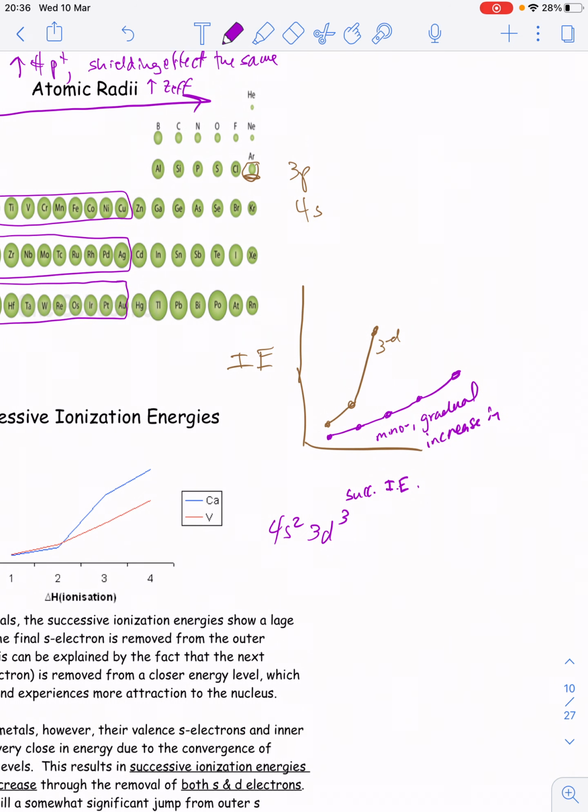And so whereas calcium only ever removes these outer 2 electrons to become calcium 2+, it's never going to remove a third electron to become calcium 3+, because the amount of energy it takes to remove that third electron is just too big an energy barrier. So it just doesn't happen.